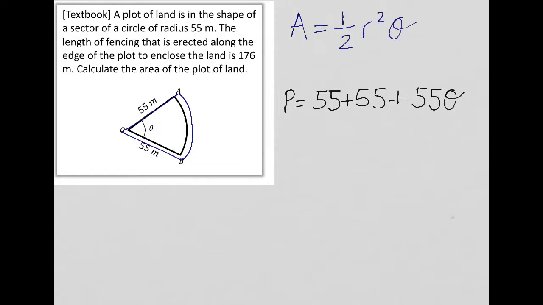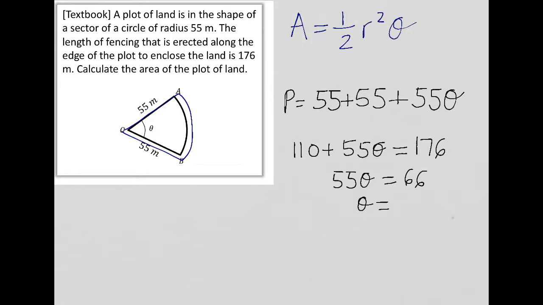I also know that equals 176, so I now can write 110, because 55 plus 55 is 110, add 55 theta equals 176. And because I'm fantastic at solving equations, I passed my GCSE, I now can go on and I will get my value for theta as 1.2. So there's my value for theta now.